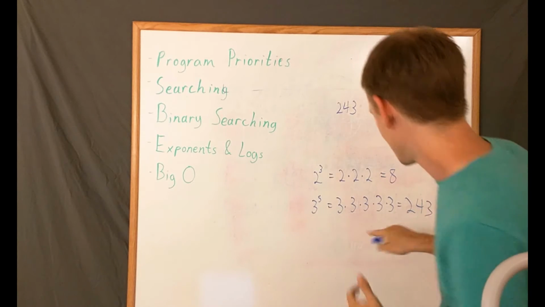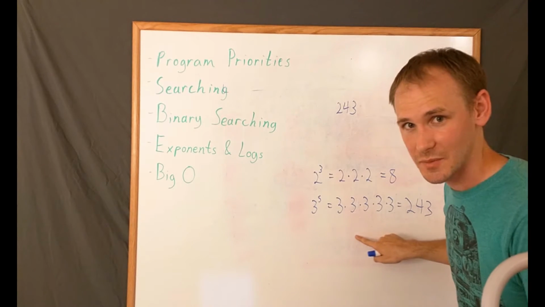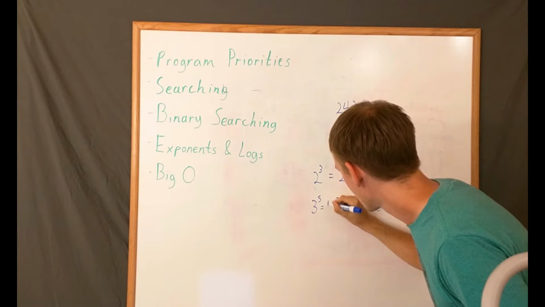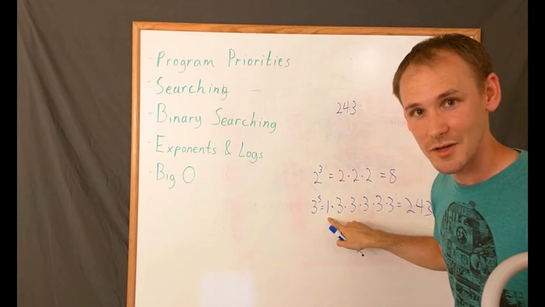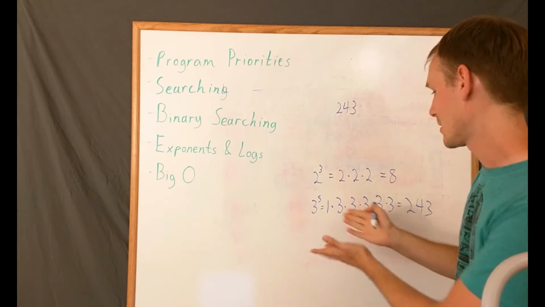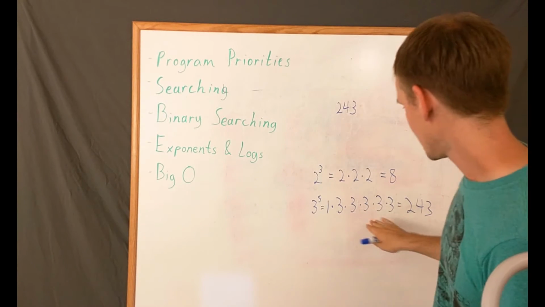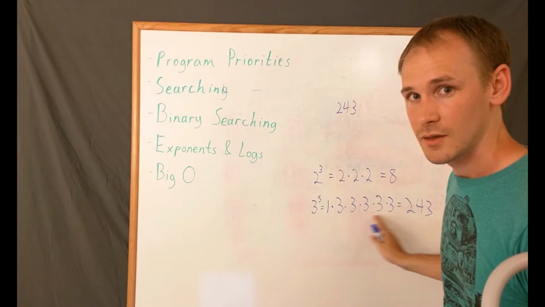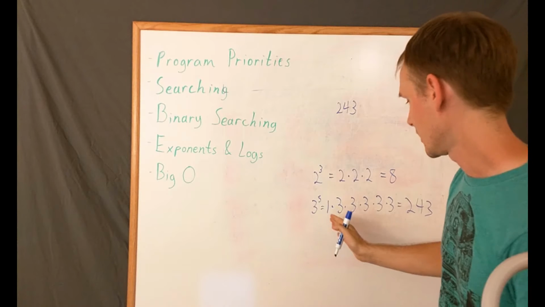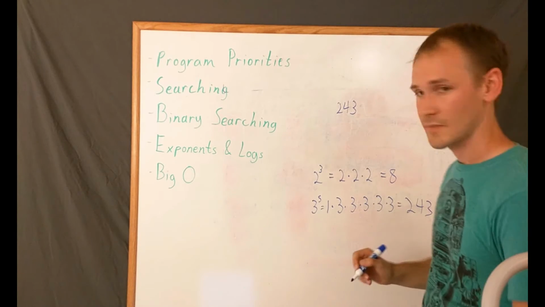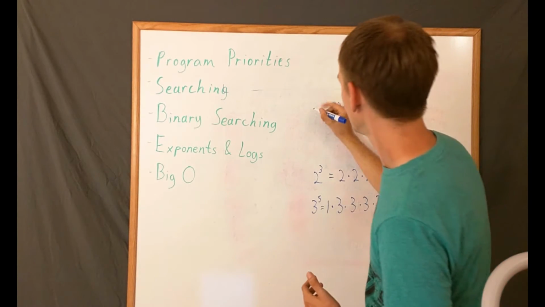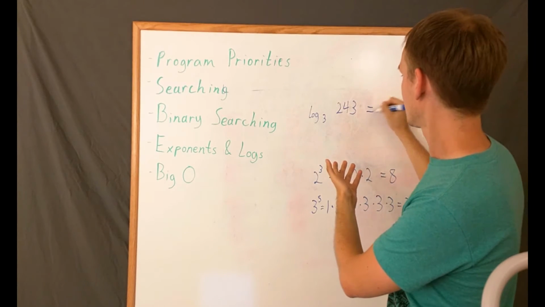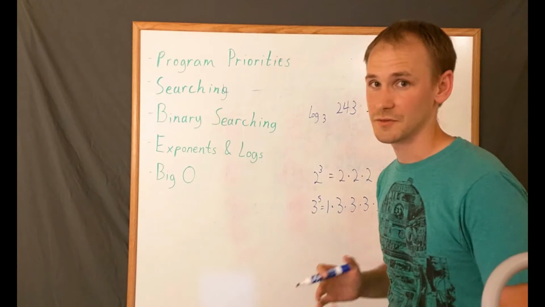And the way to think about that is to look at all these 3's multiplied by each other and realize that this is just 1 times 3 times 3 times 3, right? It's the same thing. So what I can do is take 243 and divide it by each of these 3's until I have 1 left. The way we write this is to say the log base 3 of 243 is equal to 5.